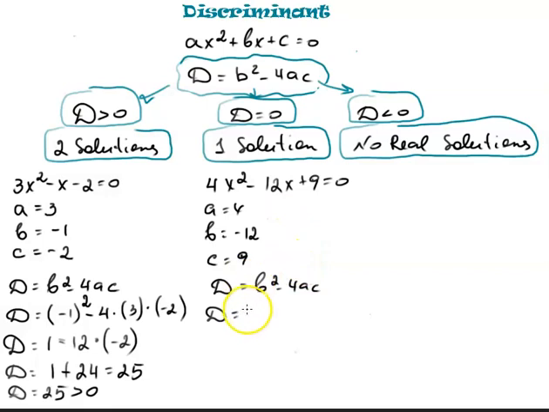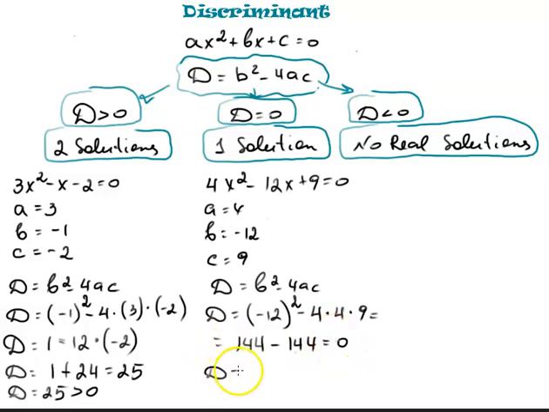Negative 12 squared minus 4 times a, which is 4, times c, which is 9, equals negative 12 squared, which is 144, minus 36 times 9, which is 144. So the discriminant equals 0. If the discriminant equals 0, you will be expecting one solution.